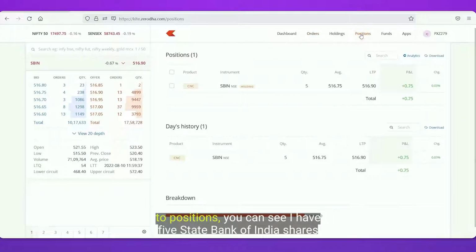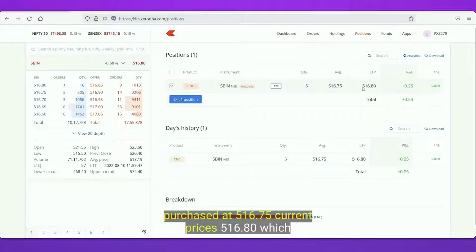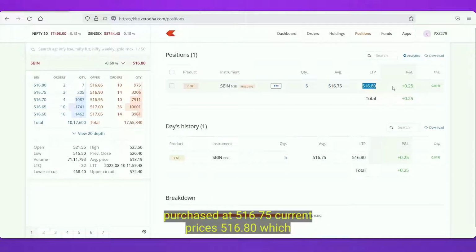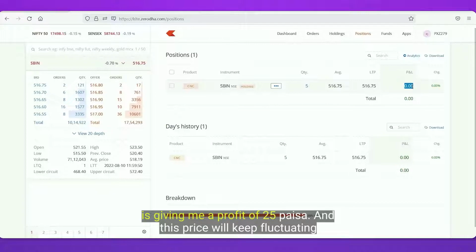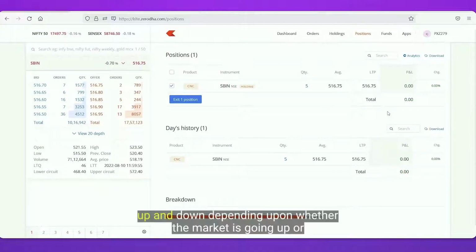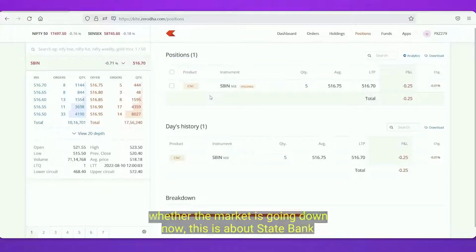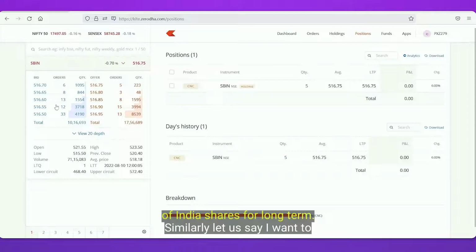So if I go to positions, you can see I have 5 State Bank of India shares purchased at 516.75. Current price is 516.80, which is giving me a profit of 25 paisa. And this price will keep fluctuating up and down depending upon whether the market is going up or whether the market is going down. Now, this is about State Bank of India shares for long term.